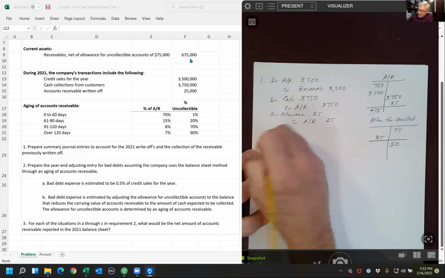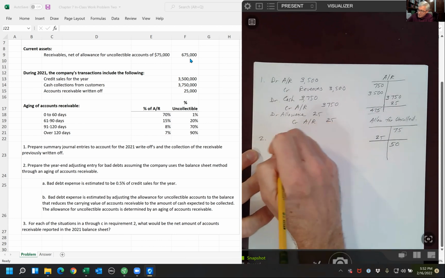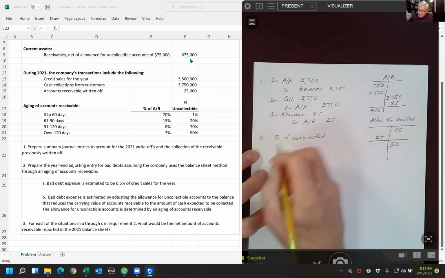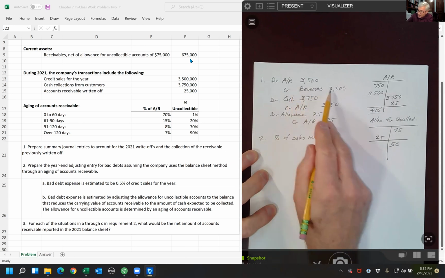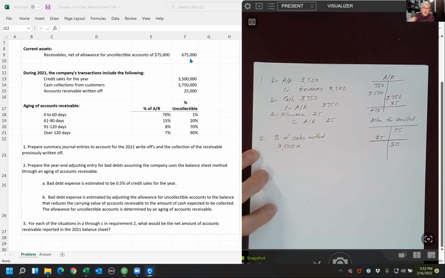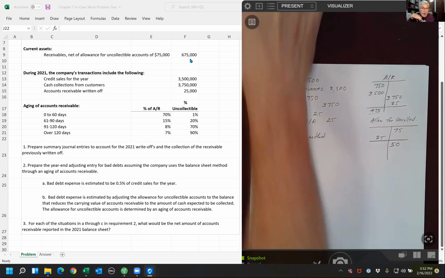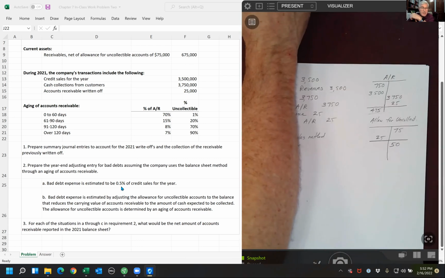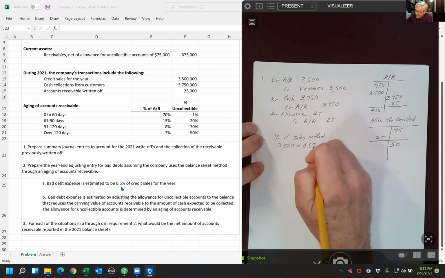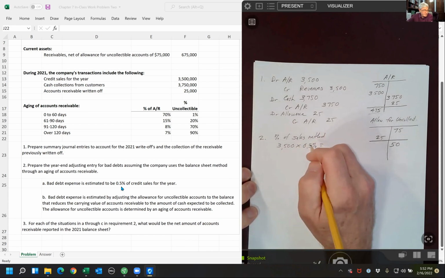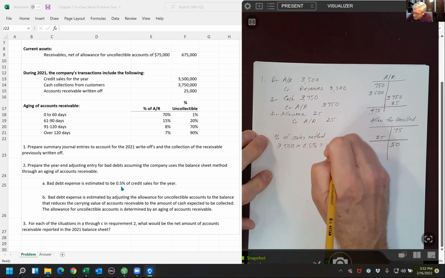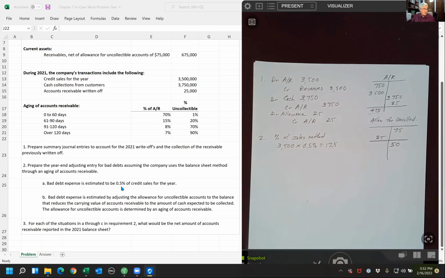Number 2, percent of sales method for bad debts. Easy. My sales were 3,500 times whatever percent I believe is the appropriate percent based on history for this example, times 0.5%. And that's equal to 17.5 thousand.